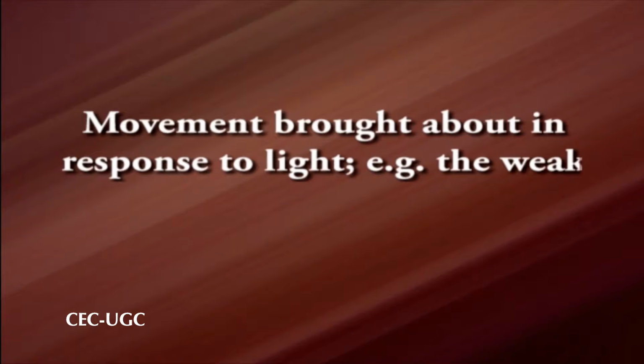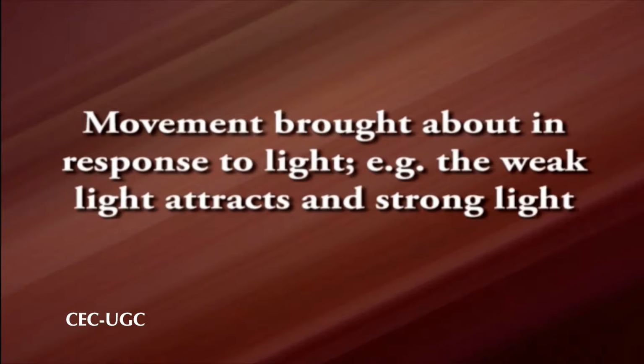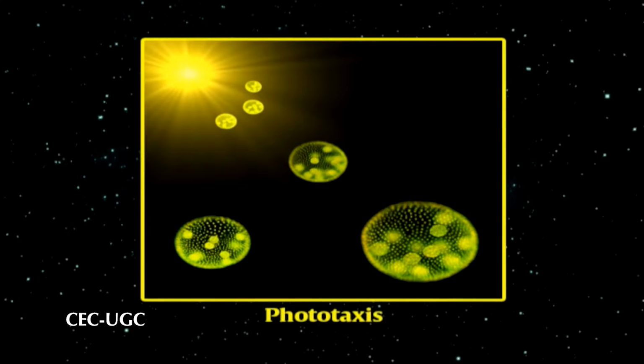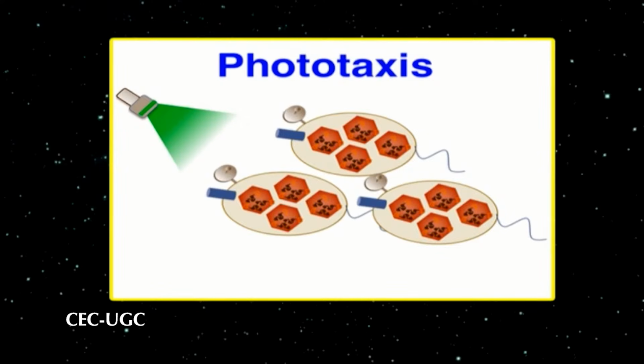Phototaxis. It is a movement that is brought about in response to light. For example, weak light usually attracts and strong light repels mobile algae. For instance, when a unicellular alga is suspended in a test tube, it moves towards the light source to obtain solar energy for photosynthesis.